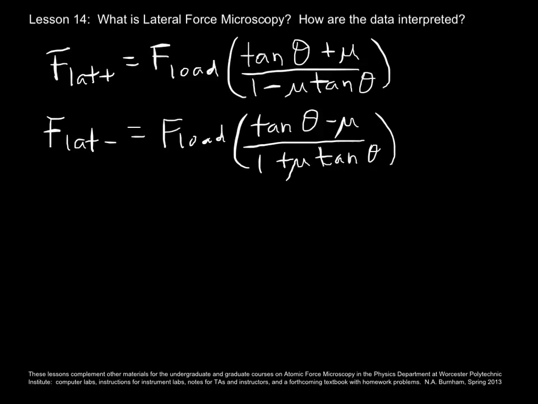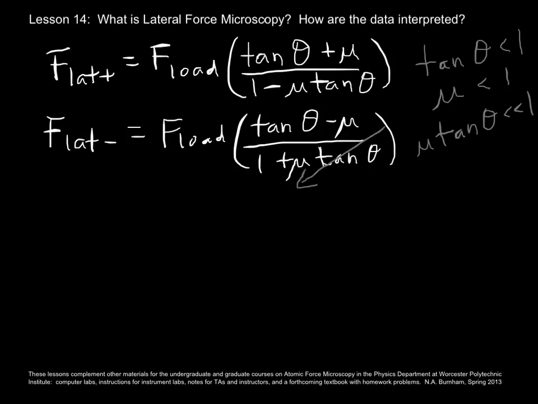I'd like to make one further set of assumptions, and they are that the tangent of the angle, the slope, is not all that big, it's less than 1, and that the friction coefficient is also less than 1. These are reasonable assumptions. When you multiply two small numbers together, you get an even smaller number. The reason why I'm doing this is because now I have a justification for ignoring the second term in the denominator.